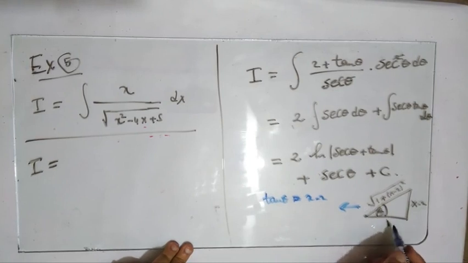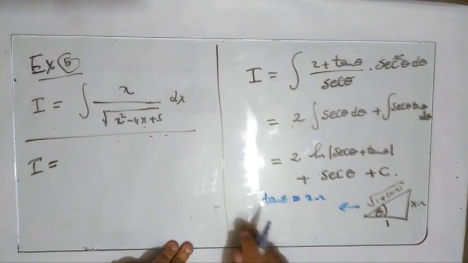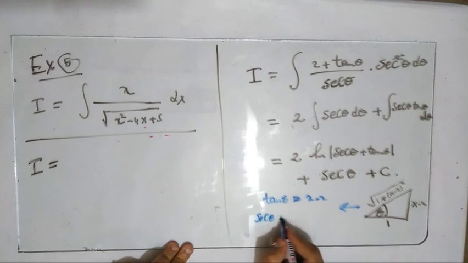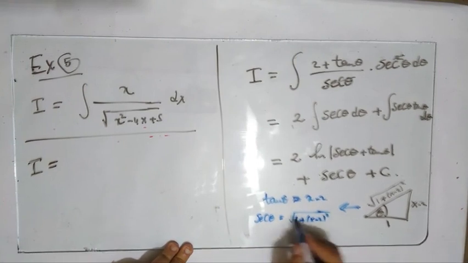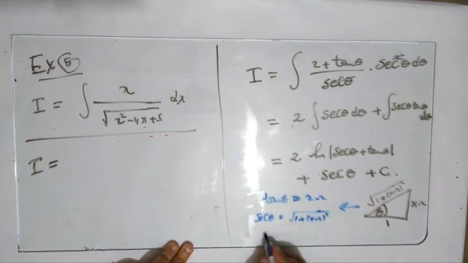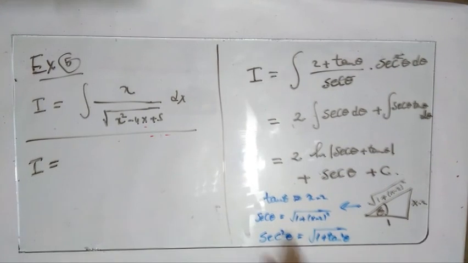So sec theta is the square root of 1 plus (x minus 2) squared, which is the same as using the identity that sec squared equals 1 plus tan squared. Since we know the value of tan is x minus 2, it's the same. Anyway, you can use either of these two methods.